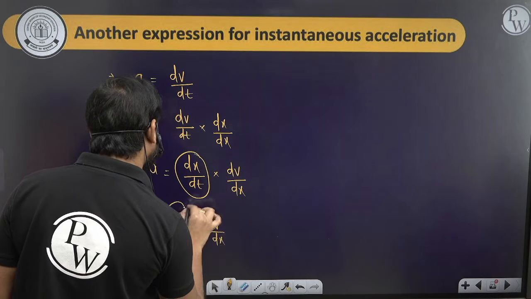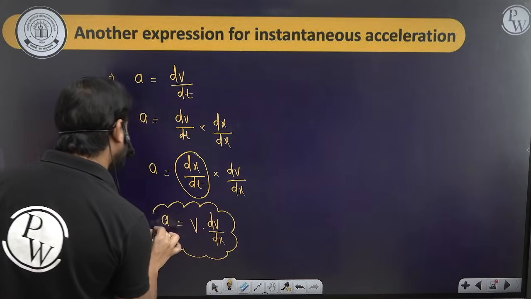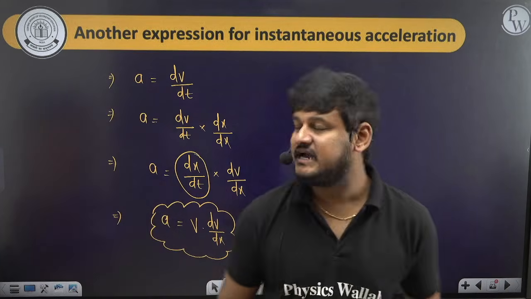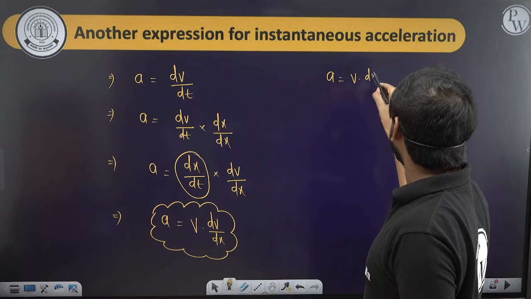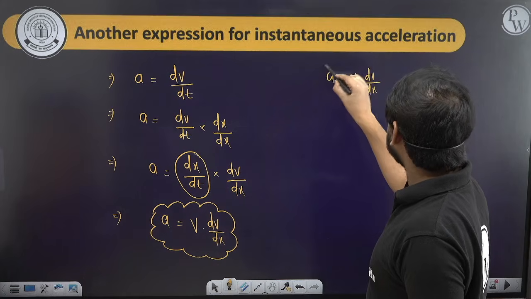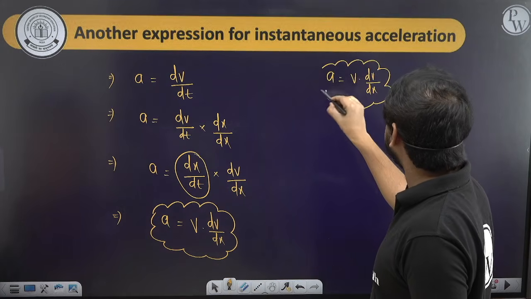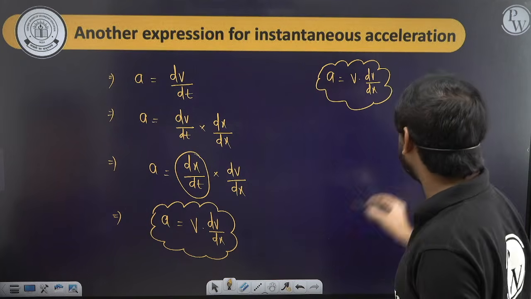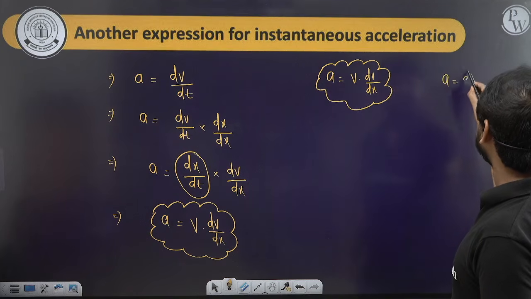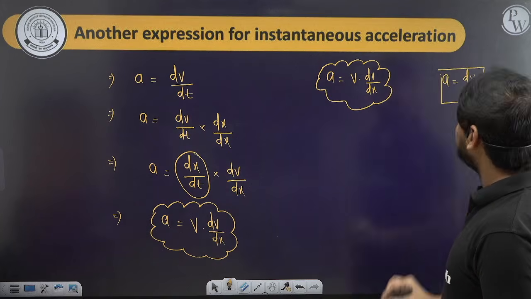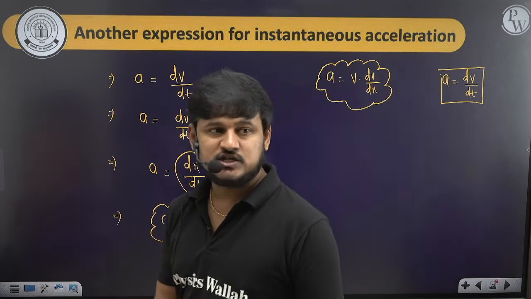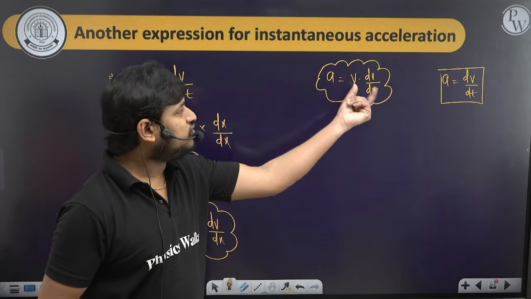So acceleration is equal to v into dv by dx. This is one more expression for the acceleration. Previously we know that acceleration is simply dv by dt. Now the acceleration is also equal to v into dv by dx.